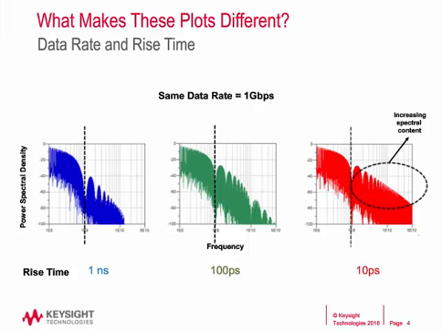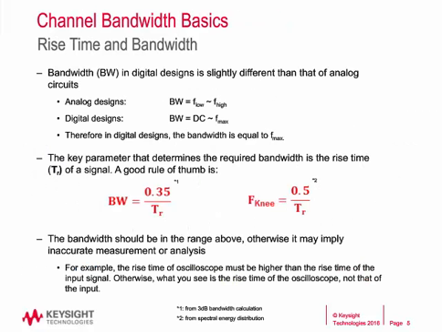In analog designs, it simply represents the difference between the low and high frequency, typically 3 dB bandwidth. However, in digital designs, it basically means high-frequency components, since digital design always starts from DC. The key parameter for the bandwidth is the rise time, as we saw in the previous slide.